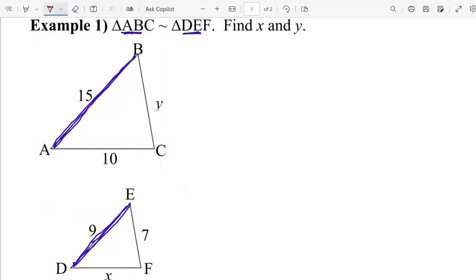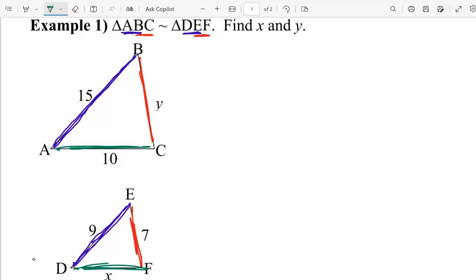Also, side BC to side EF, those will be a pair of corresponding sides. Now, in this picture, they're kind of lined up in the same orientation, but they don't necessarily need to be. So you need to pay attention to the order in which the vertices are named. And that leaves our last pair of corresponding sides as AC and DF.